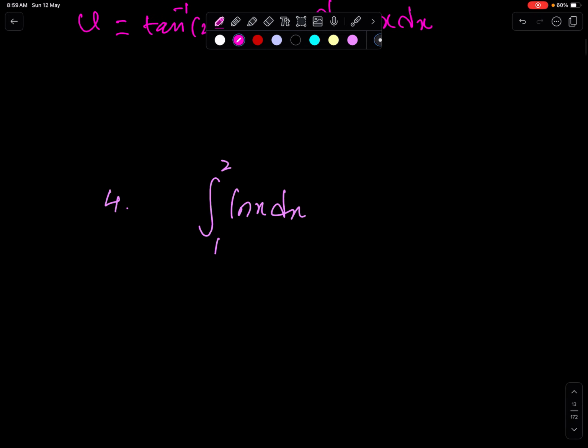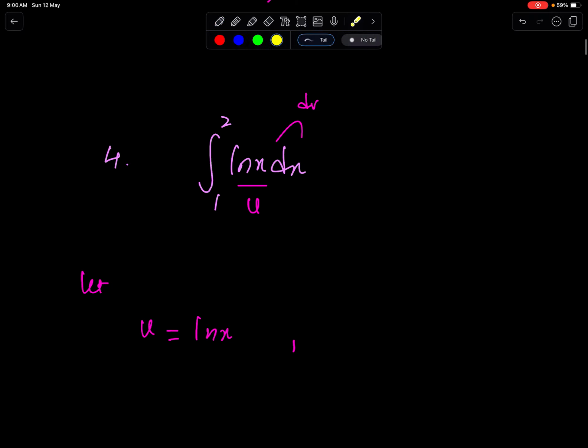Well, in this example, we have only ln x. So ln is always u. So u is ln x, and this dx is dv, because everything except u and sign of integral is dv. So dv is dx.